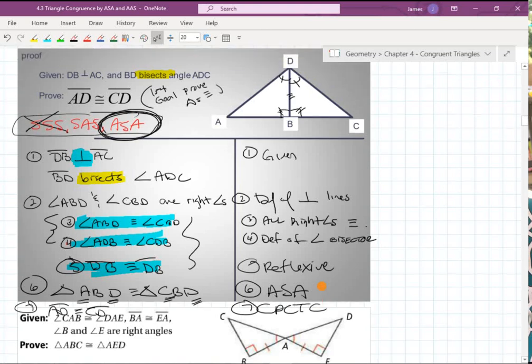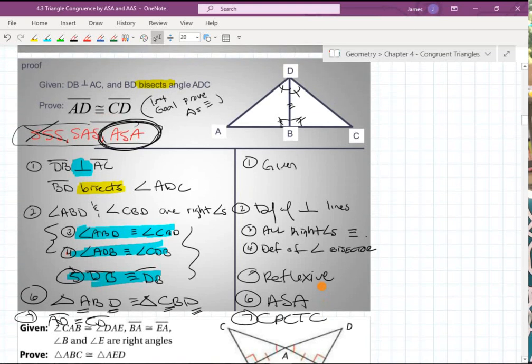Because those C's represent different words. So the first C stands for corresponding. Okay? Corresponding parts, so essentially matching parts of congruent triangles. So these corresponding parts are coming from congruent triangles.